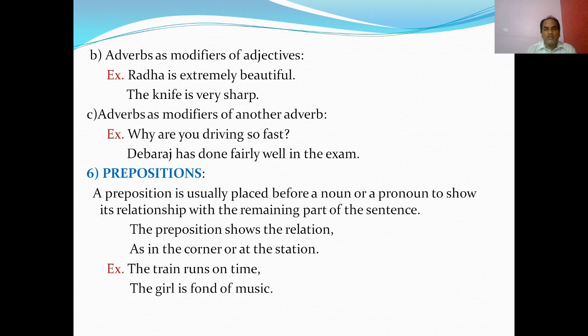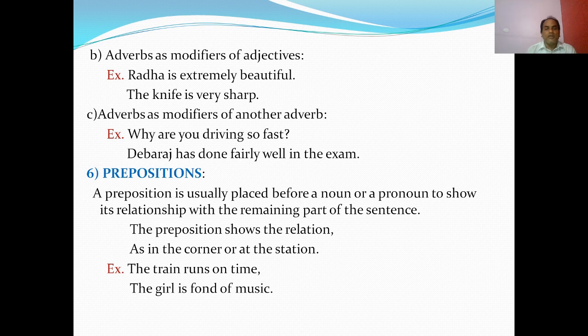Okay. So let us discuss prepositions. A preposition is usually placed before a noun or a pronoun to show its relationship with the remaining parts of a sentence. Prepositions are the relation words, they make a relationship between the nouns and other parts of the sentence.